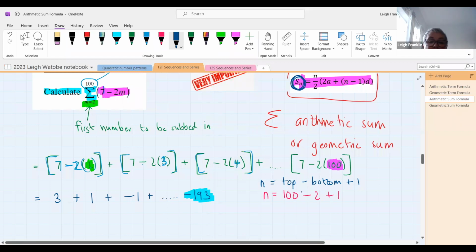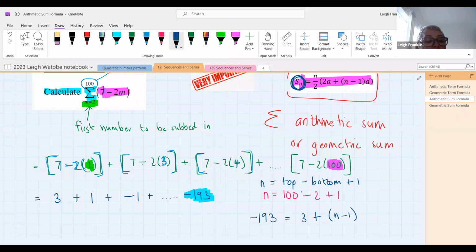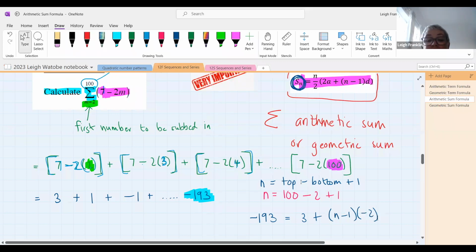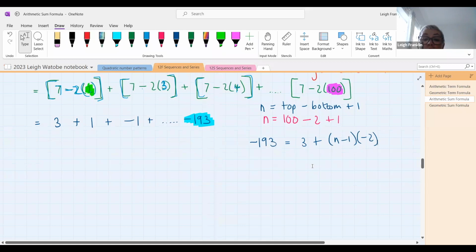What I was trying to do earlier is relate it back to what we've already done. So using our Tn formula, if we wanted to calculate the number of terms in the pattern, we would go: -193 is our Tn, equals a, which is 3, plus (n - 1), and our difference in this case is going to be equal to -2. You're going to see we get the same answer as we would with the pink.